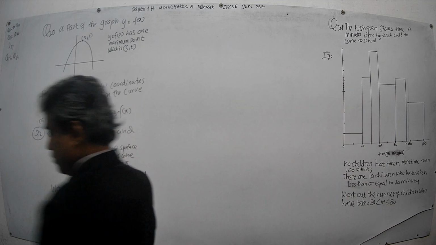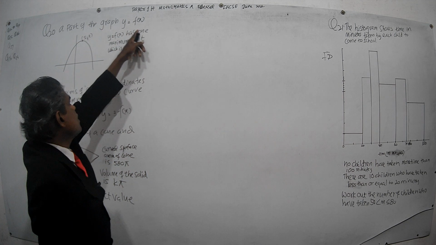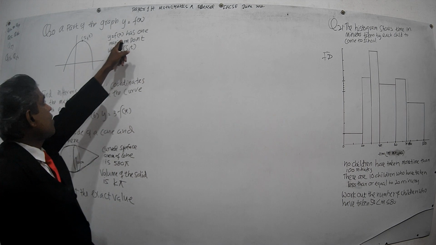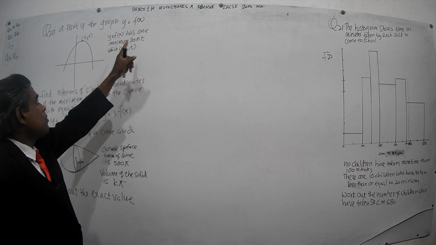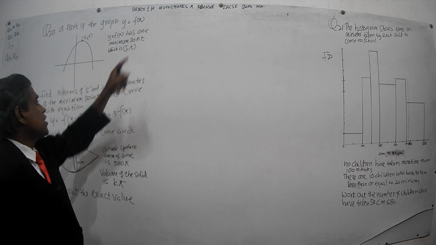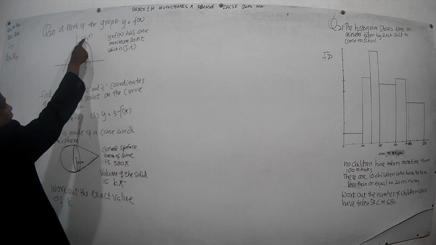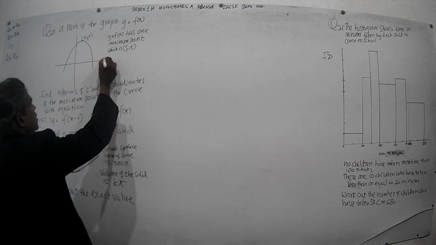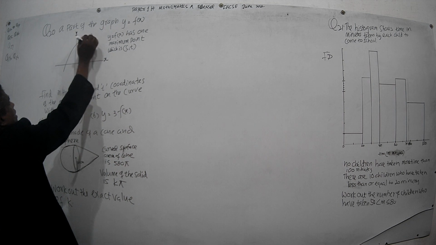Question 20 says, a part of a graph y equals f(x) has been given here. They say y equals f(x) has one maximum point, which is (s, t). So this is the maximum point. Its x coordinate is s and y coordinate is t.